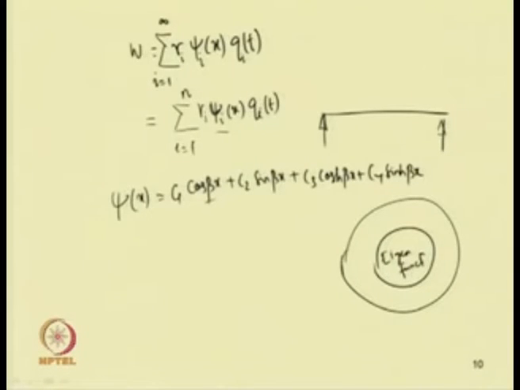That comparative function satisfies the differential equation and also the geometric boundary conditions. So, the eigenfunction satisfies both the differential equation and all boundary conditions. This comparative function satisfies only the boundary conditions. So, it does not satisfy the governing equation.